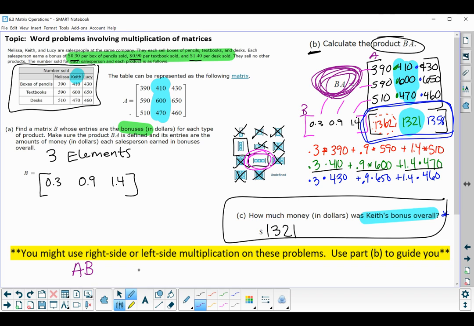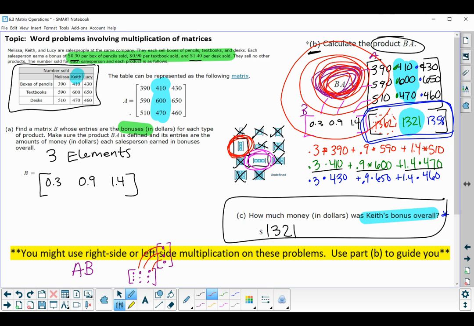And if it switches it to AB, then you have your big old matrix with your 9 elements over here, and you need to create a B that can multiply with A on the left. So in that case, you need a column matrix with the 3 elements so that you can match them up. So you might have to choose this one for some of your problems. Just really pay attention to what it asks for on part B, because part B can guide you.